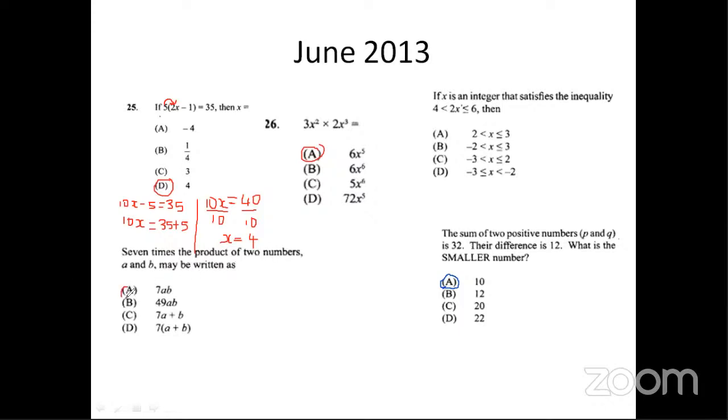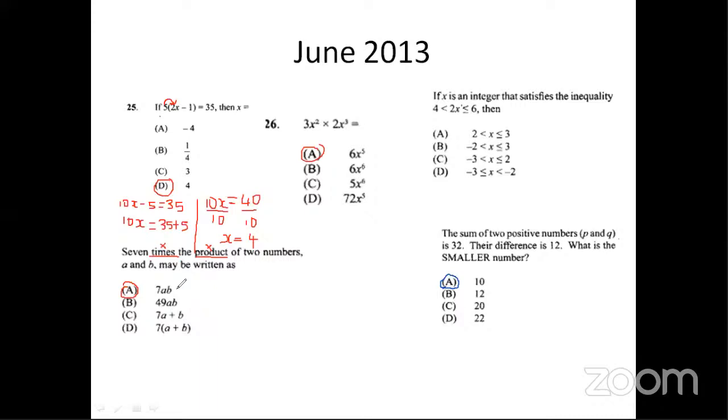Remember, a times is also saying the same thing as product. Both of them are saying to multiply. So we're multiplying 7 by the two numbers A and B. So it's 7AB. We're good?